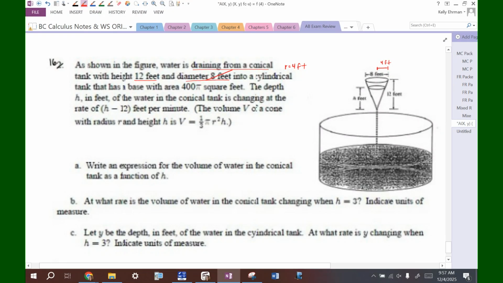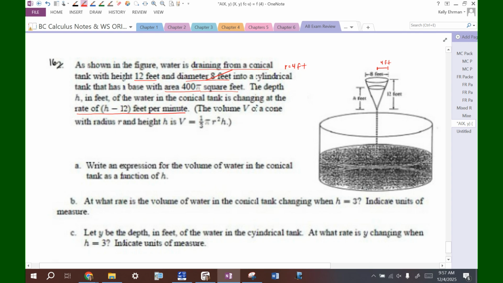Into a cylindrical tank that has a base with an area of 400 pi square feet. That's the area of the circle on the bottom, which never changes. As the water fills, the area of the circle base stays the same. The depth h in feet of the water in the conical tank is changing at a rate of h minus 12 feet per minute.